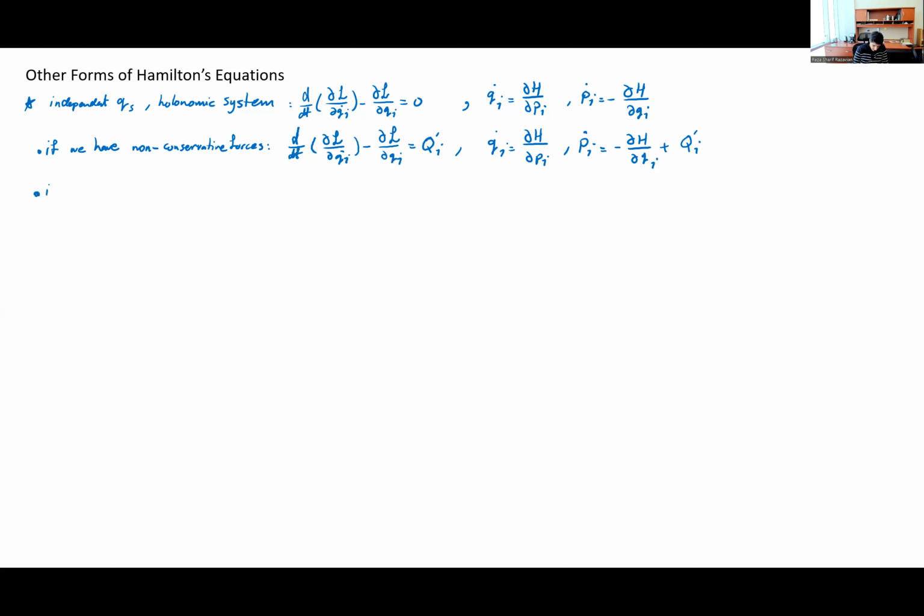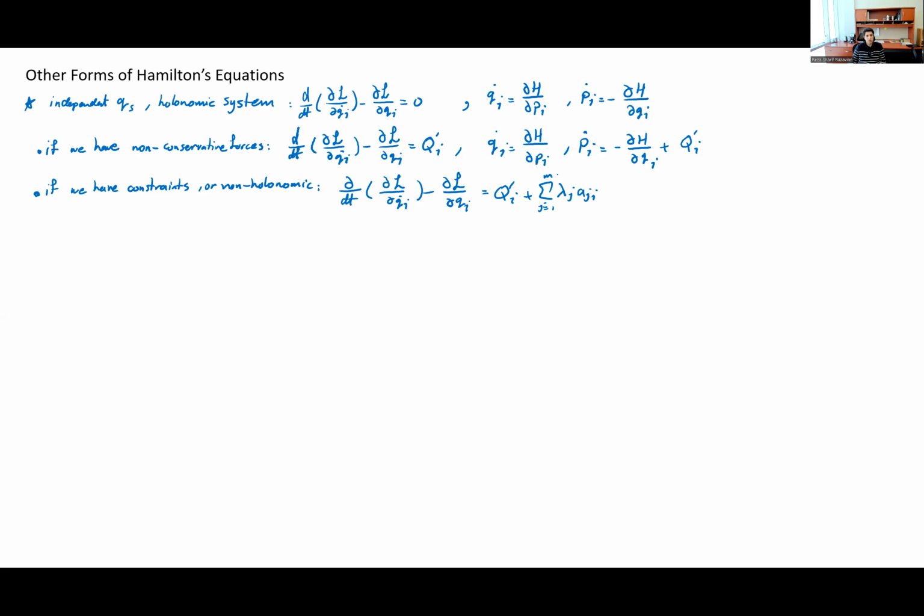And we also saw that if we have constraints, so not all q's are independent, or non-holonomic, the Lagrange equations are like this: d over dt of partial L partial q dot i minus partial L partial qi equals Q prime i plus the sum of lambda j a ji, j from 1 to m.